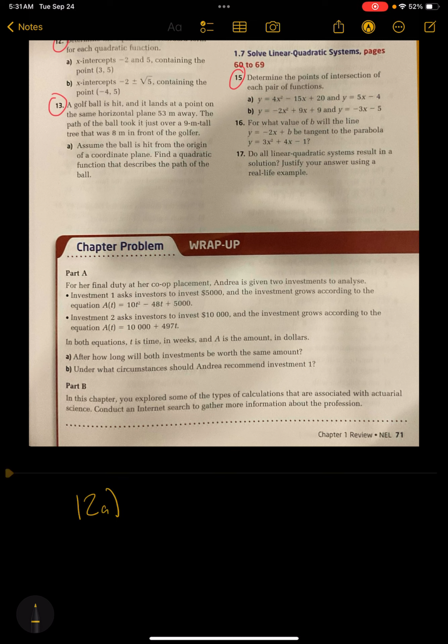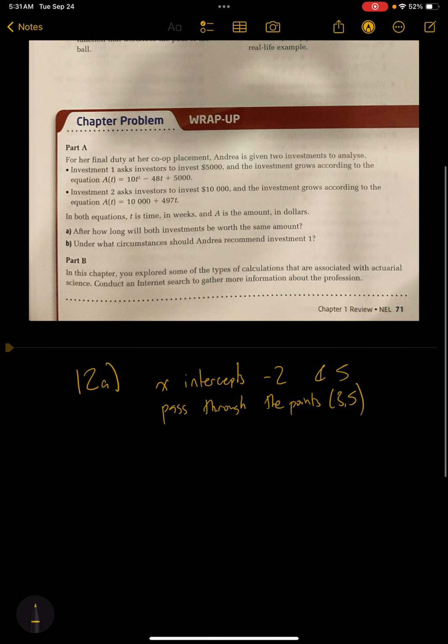Essentially, the way you do this is you say there are x-intercepts at -2 and 5, and we pass through the point (3, 5), and we have to write it in standard form, which is f(x) = ax squared plus bx plus c.